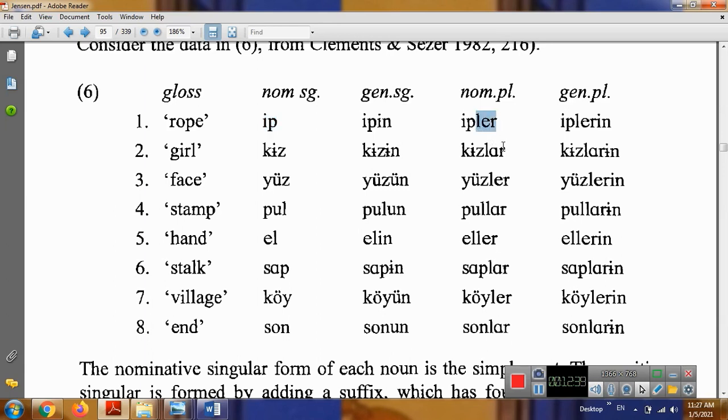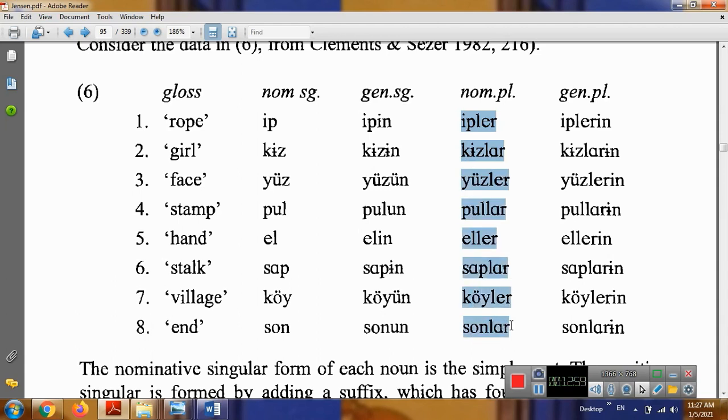Here we have ler. When we have another vowel, we have lar. Therefore, we have two forms of suffix, ler and lar. Use ler: pular, eller, sublar, coiler, sunlar.